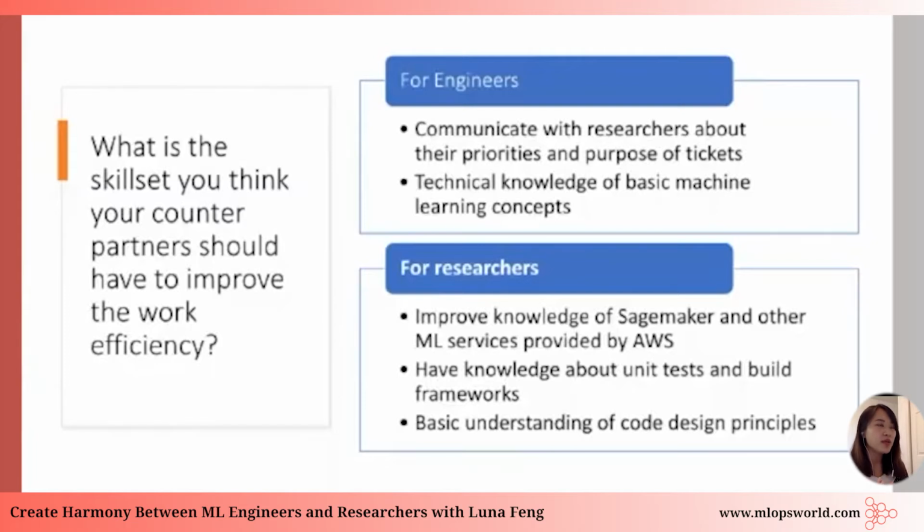But I think the point here is if there are already existing machine learning services, we should make full use of them, because a lot of things are already handled. So researchers don't need to do these things manually or from scratch. And also, it will be great for researchers to have knowledge about unit tests, build frameworks, and have some basic understanding of code design principles.